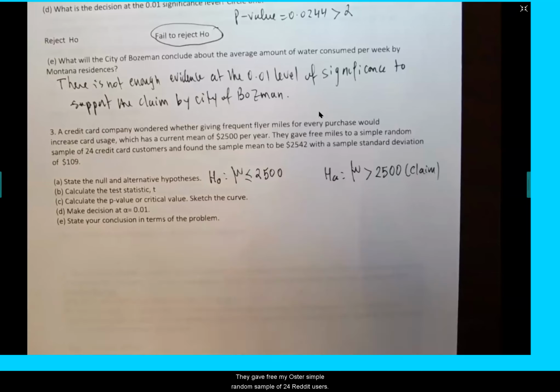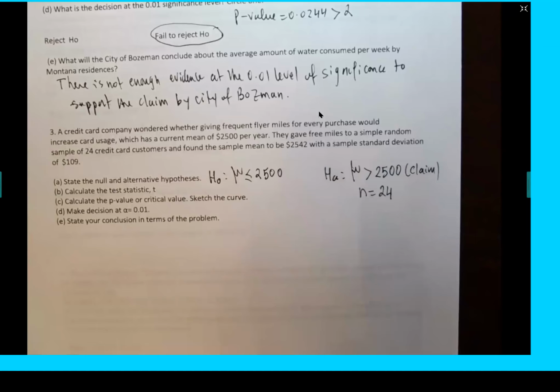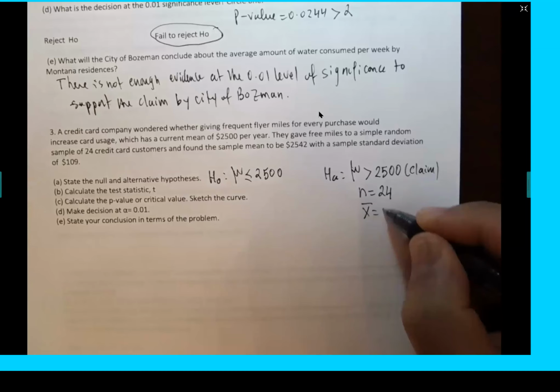They gave free miles to a simple random sample of 24 credit users. And they found their sample mean to be 2542. So X bar, guys, is 2542.